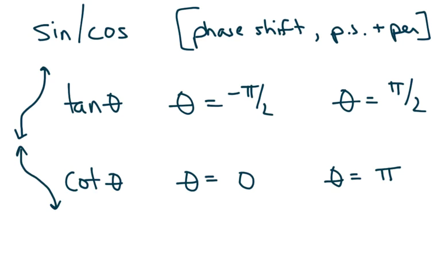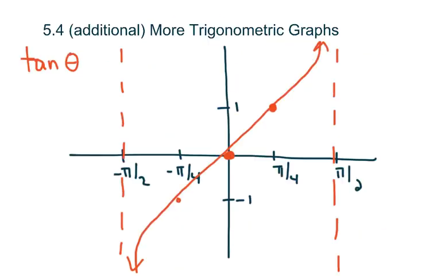There's an exception to that rule, which is if you multiply the function by a negative, it will flip the graph over because it reflects it over the x-axis. And I hope that helps out with the graphing for tangent and cotangent. Again, you're going to have 5 tick marks, just like we do for sine and cosine. The only difference is instead of having 5 points on the graph, you're only going to have 3.